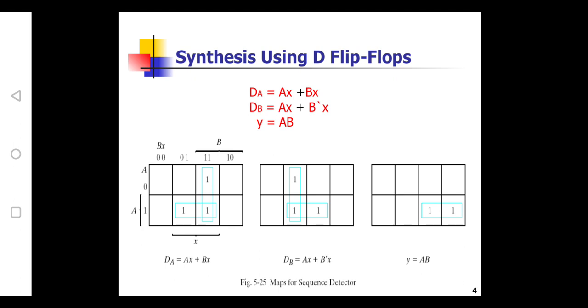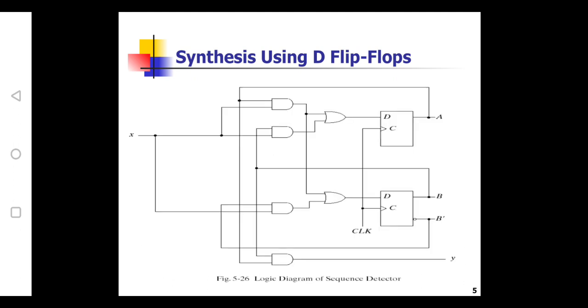So the X variable has different values of 1 and 0, so it represents only B. So Y is equivalent to AB. Now we got the expressions for dA, dB and Y. So dA is AX plus BX, dB is AX plus B bar X, and output Y equal to AB.